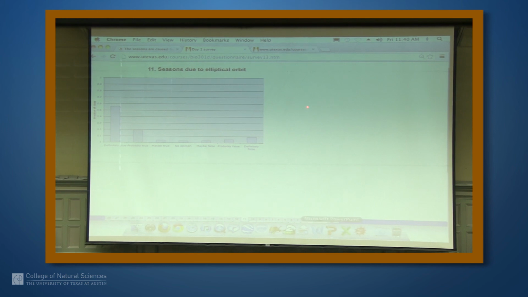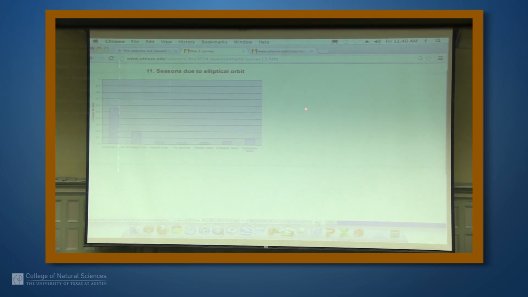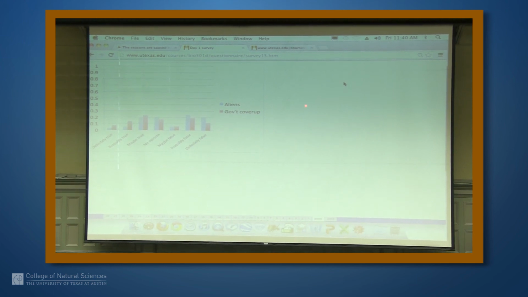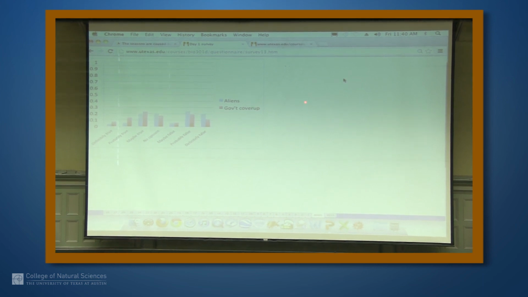Okay, so here are paired histograms of the two statements that concerned aliens. The first one, which I guess is in blue, is the statement aliens are here, they've landed here. The other one, the red, is governments have concealed evidence that aliens have landed.